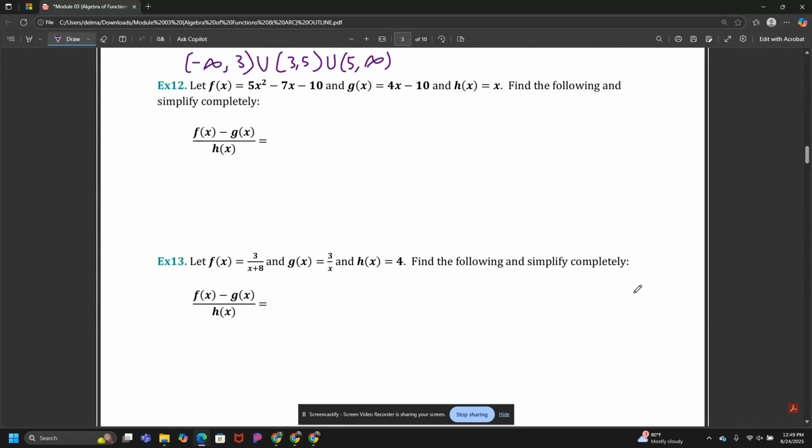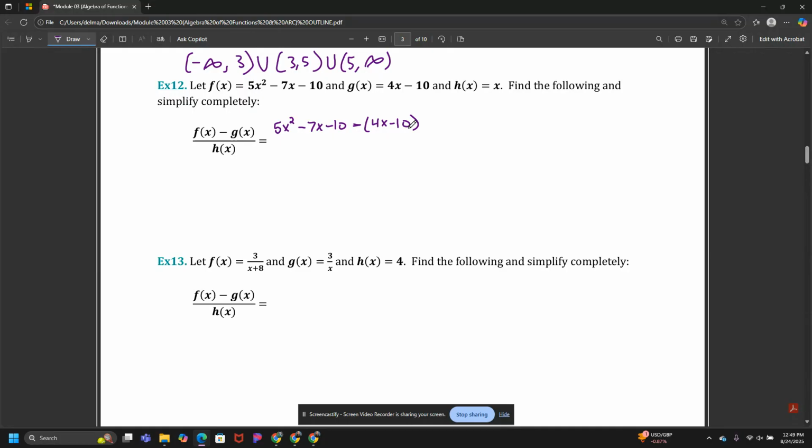Now let's find this and simplify it. Alright? So firstly we're going to write it out. F of x, 5x squared minus 7x minus 10, minus, and then put some parentheses around it, what g of x is.